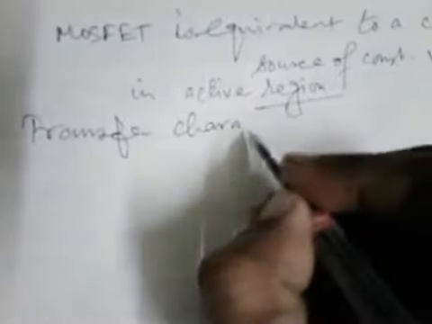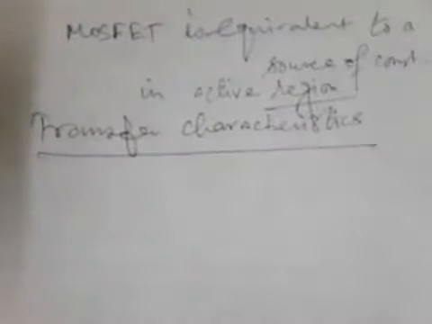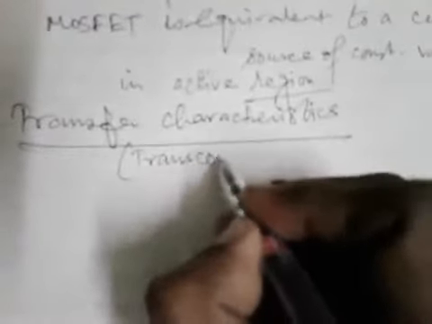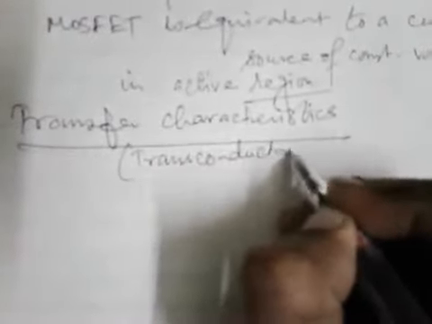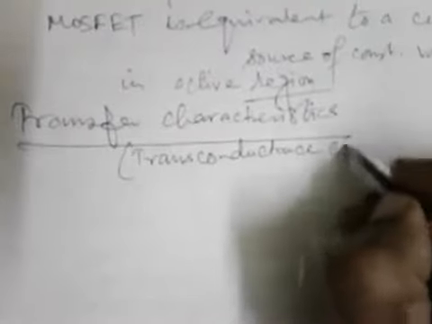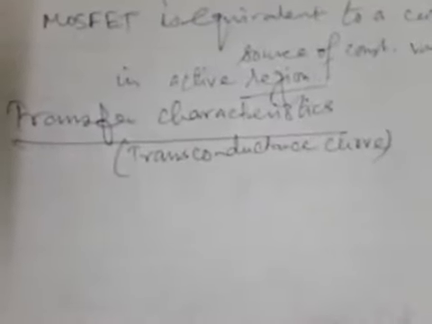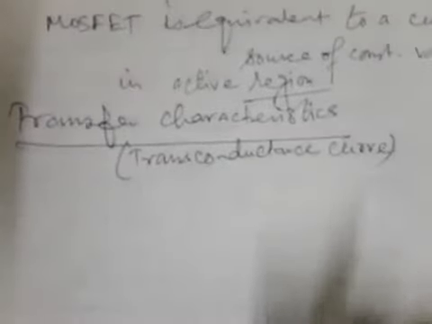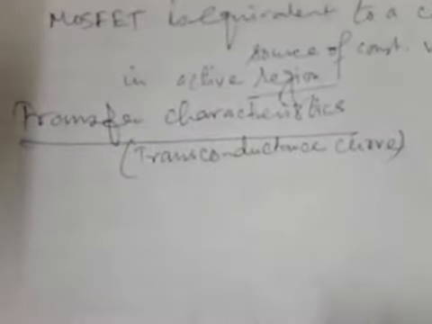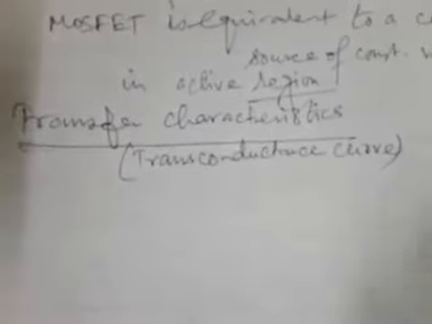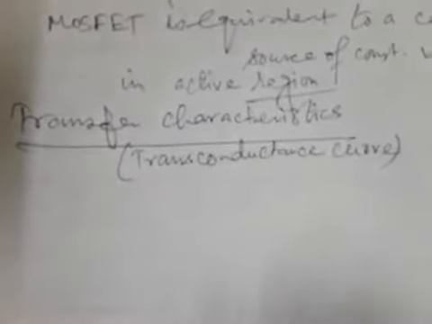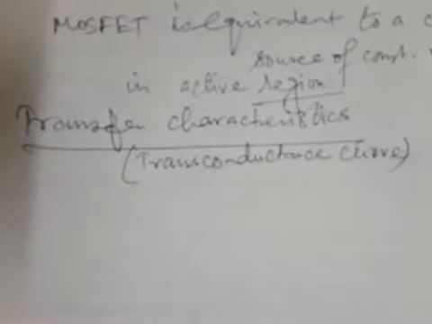Alternately, it is called the transconductance curve. The curve obtained from the transfer characteristics is called the transconductance curve. The transfer characteristic of an enhancement MOSFET, whether it is P channel or N channel, can be drawn like this.